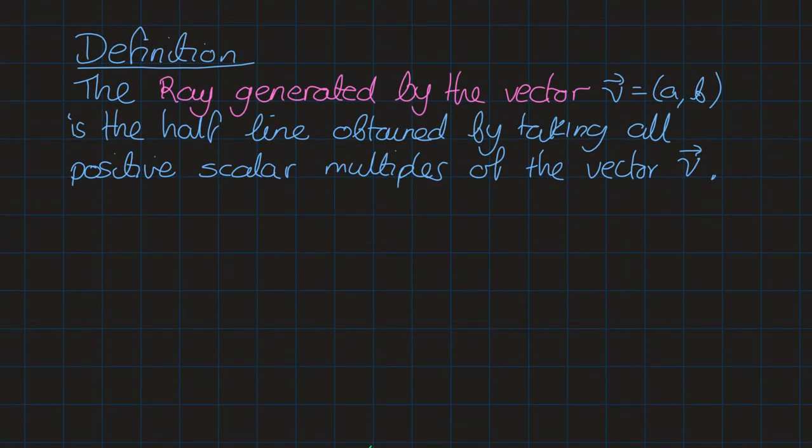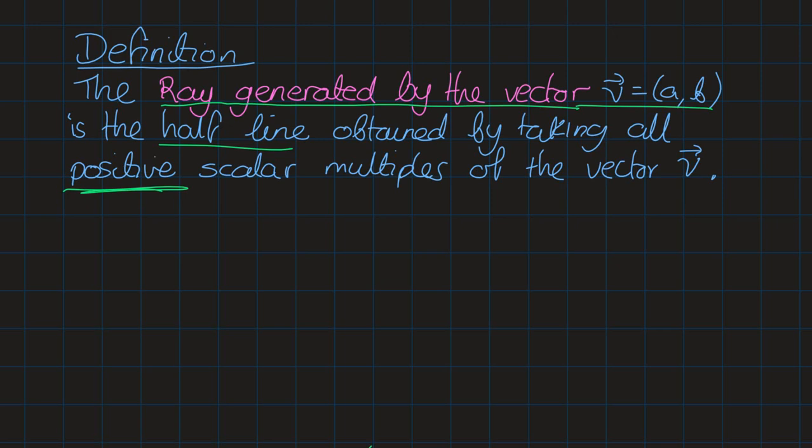Next up, I want to talk about something very similar to the line generated by a vector. This time it's called the ray generated by a vector v equals (a, b). A ray is simply a half line, literally half a line. The ray generated by a vector is the half line obtained by taking all the positive scalar multiples of the vector.